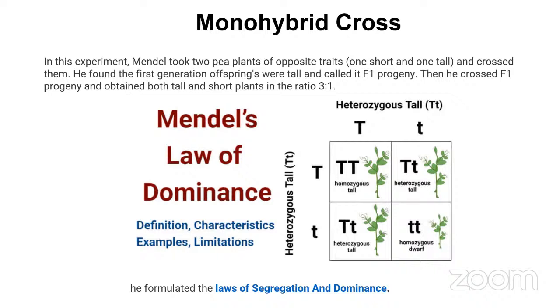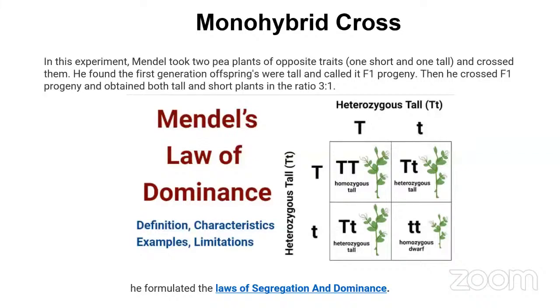So this leads to the formulation of the law known as the law of dominance. Because if you look clearly, when there is no capital T, the plant is short. That means the phenotype of capital T is dominant over the phenotype of small t. In order for the phenotype of small t to be expressed, only small t should be present.